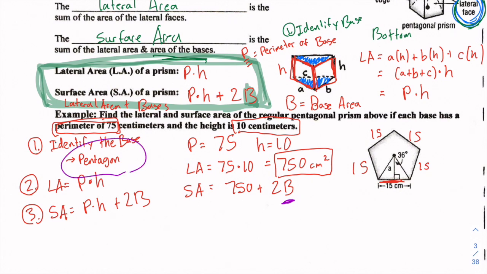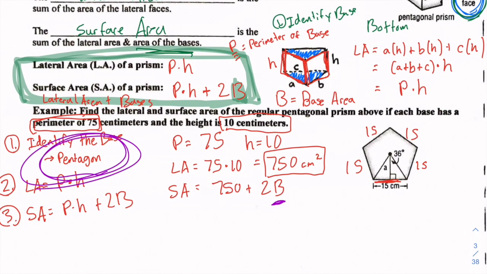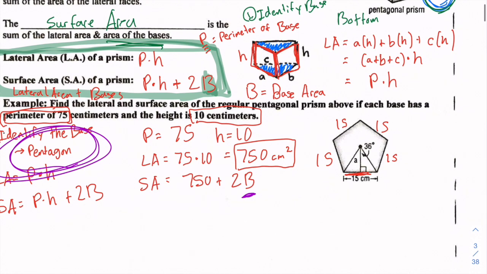We go back here, the base is a pentagon. So what formula can we use to find this base? Remember the area equals 1/2 apothem times perimeter. Or you can just solve for this little triangle here and times it by 5.